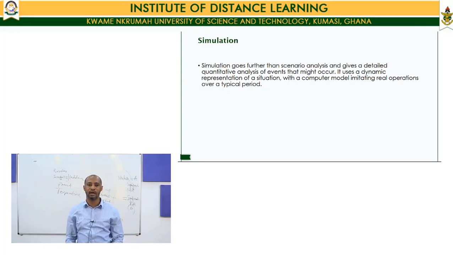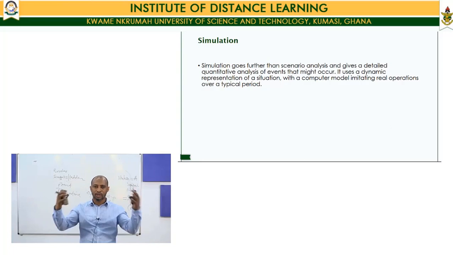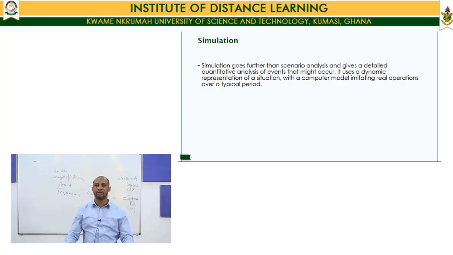Sometimes you use a computer to create the real operation and see how it will look. So simulation goes beyond scenario analysis because it introduces some level of reality into the analysis.